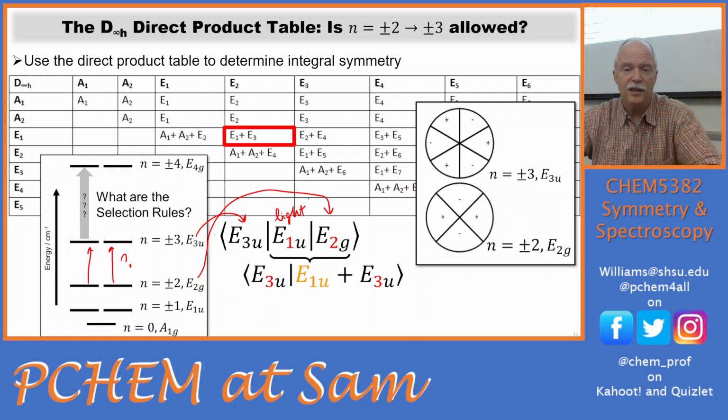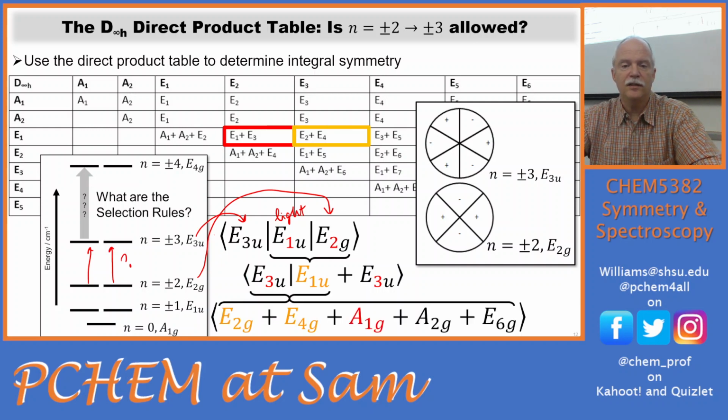So it's a sum, it's E1u and E3u, because it's u times g, so we have u's on both of those. And now we have E3u times each one of those terms. So E1 times E3, we have this E3 and E1, that's this orange intersection up there. And so that gives us those first two terms, the E2 and the E4. Okay.